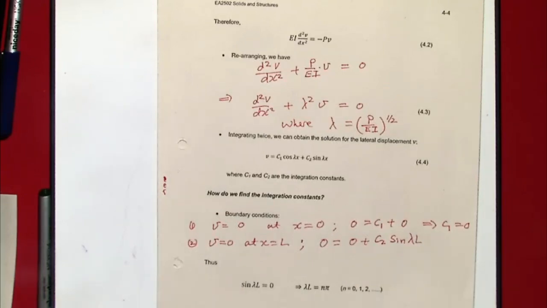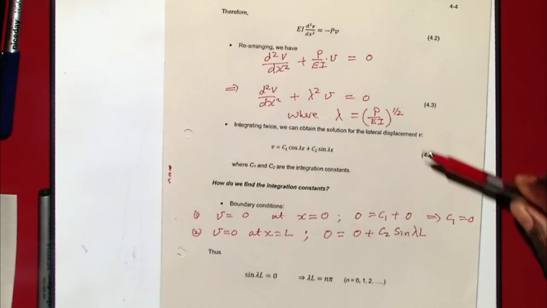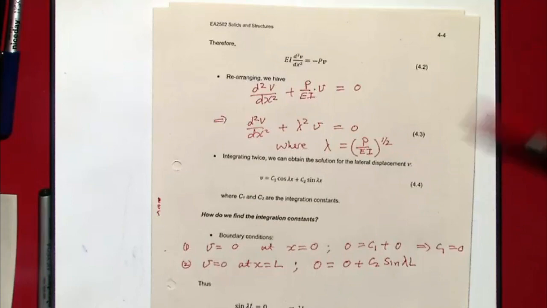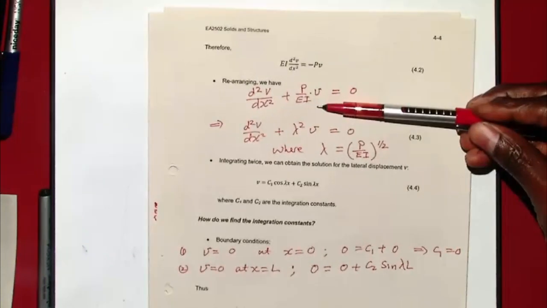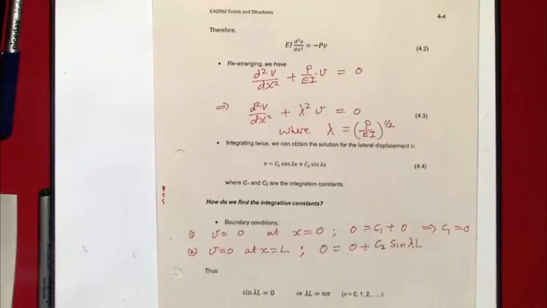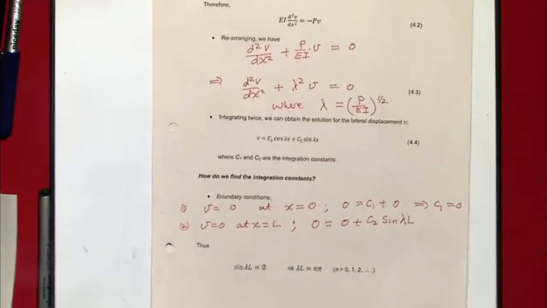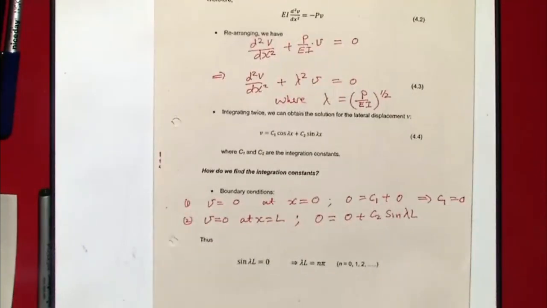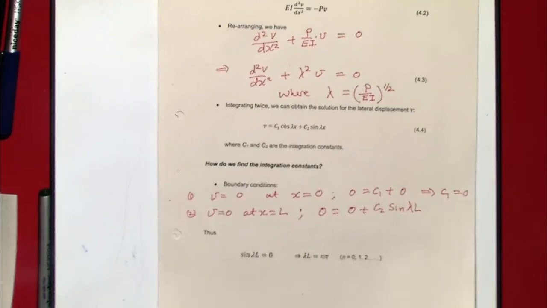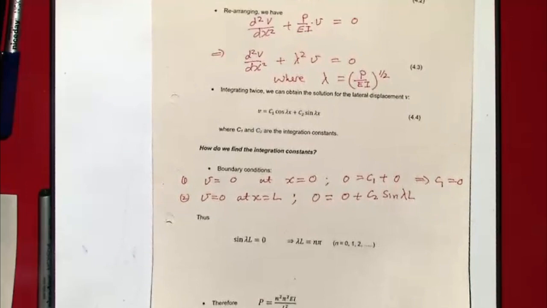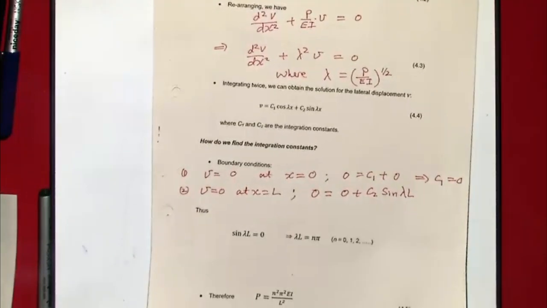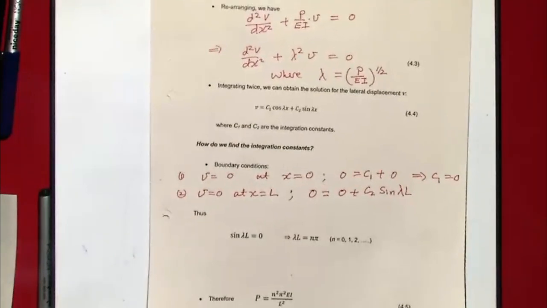Excuse me, what is this lambda? Lambda has been defined here. Because we don't want to be writing P over EI, it's just a symbol referring to all of that. Lambda is P divided by Young's modulus times I, everything, and then you take the square root. Towards the end we will drop that one because we want to find P. Does it determine the value of cosine and sine?